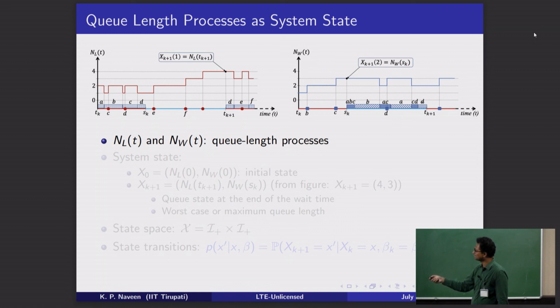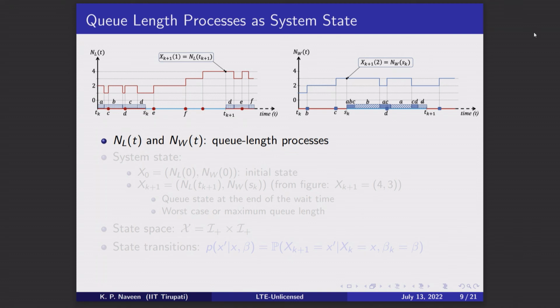Whenever there are 2 packets here, when a packet service ends it will fall to 1, a new packet may arrive, so it will go to 2 again and so on. It will keep alternating. Whenever a service ends it will fall down, whenever a new packet enters it will increase. And here since the LTE is off, packets arrive, they do not get service, so the queue will start building up here.